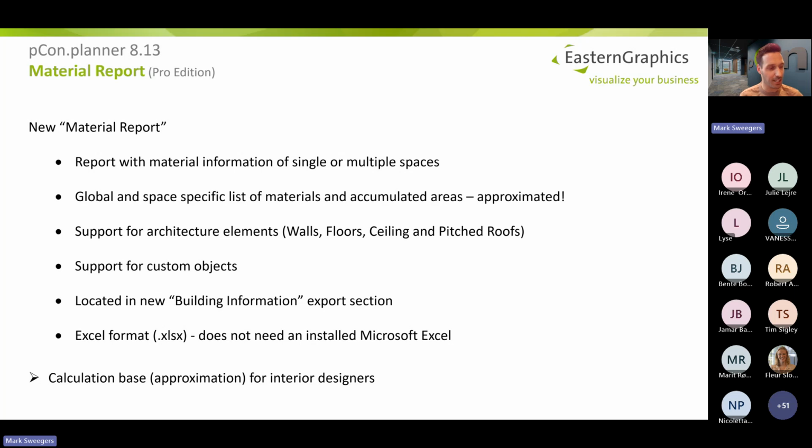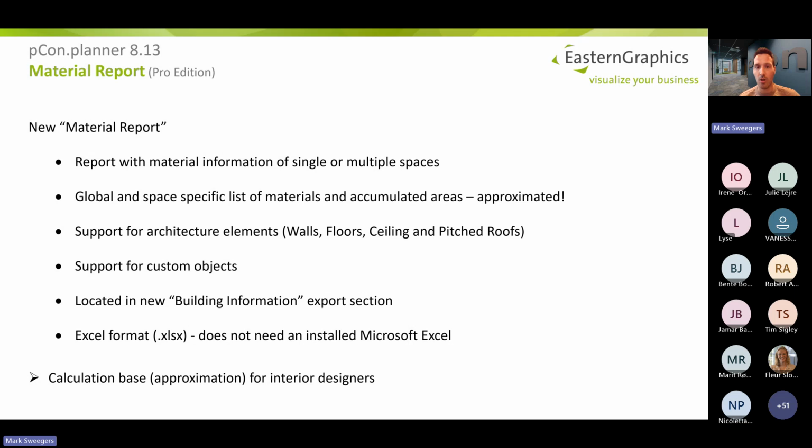It's like an Excel file format, which provides a global and a space-specific list of materials and accumulated areas in an approximated way. So it's like a document that provides more insights for architects by giving material-related information for selected rooms or spaces.